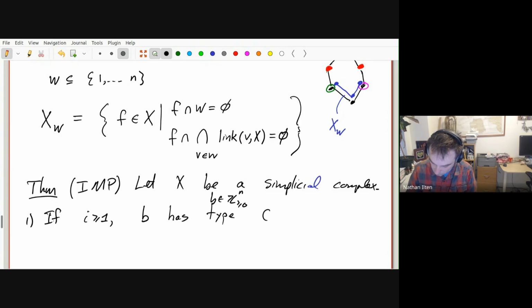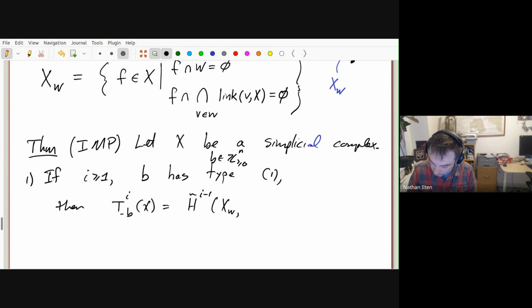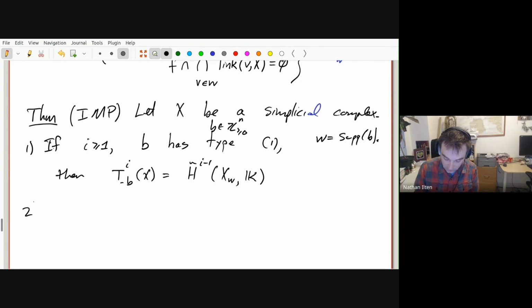If B has type 1, so in other words, it has a single non-zero entry that's equal to 1, then T_{i,-B}(X) is equal to reduced H_{i-1} of this complex X_W with coefficients in K. And here W is just the support of B. Okay, so this is for things of type 1.